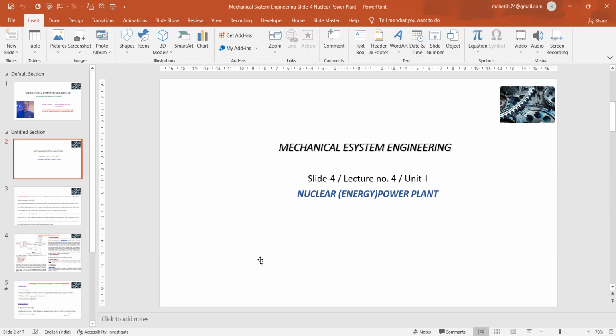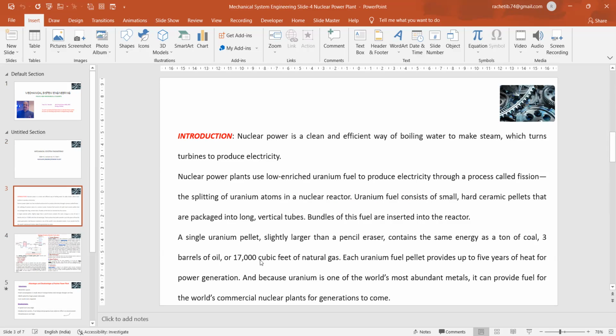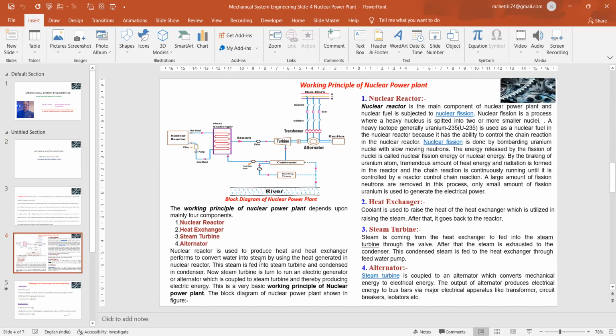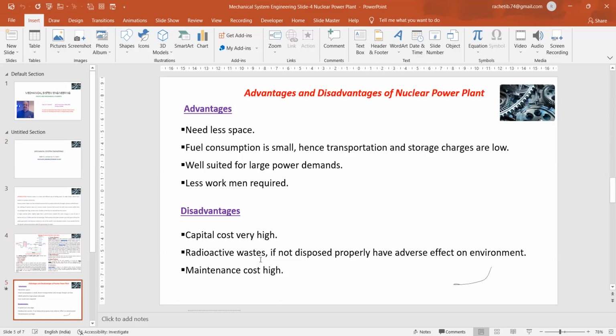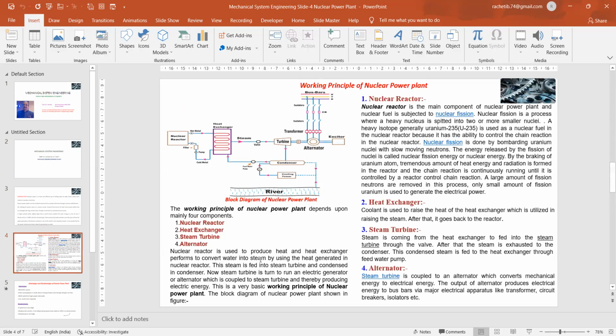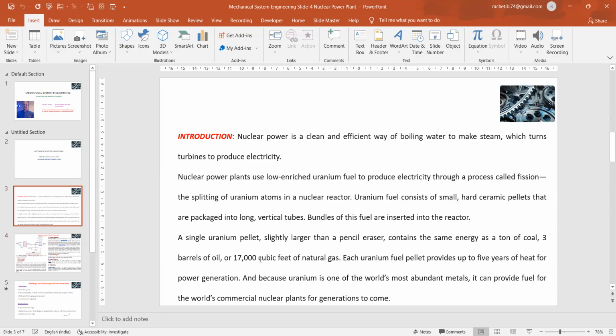So we have seen what is the nuclear power plant, what are the components of nuclear power plant, and what are working principle of the nuclear power plant, and merits and demerits of nuclear power plant. As you know, the main working principle of this nuclear power plant is it uses the fission process.